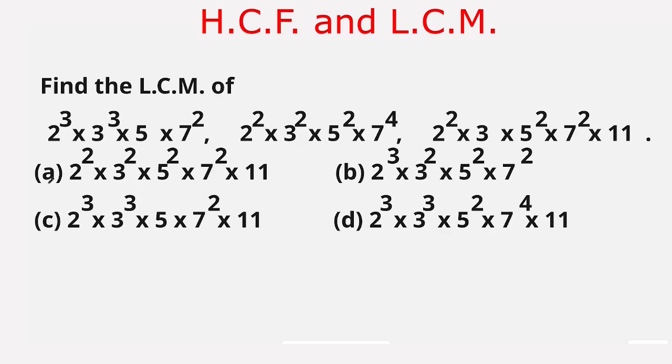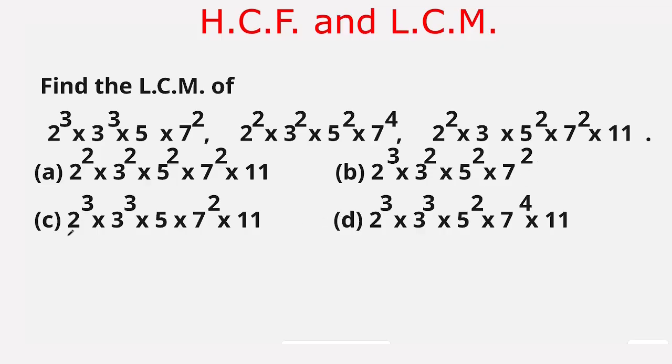The given options are option A, 2 to the power 2 multiplied by 3 to the power 2 multiplied by 5 to the power 2 multiplied by 7 to the power 2 multiplied by 11. Option B, 2 to the power 3 multiplied by 3 to the power 2 multiplied by 5 to the power 2 multiplied by 7 to the power 2.